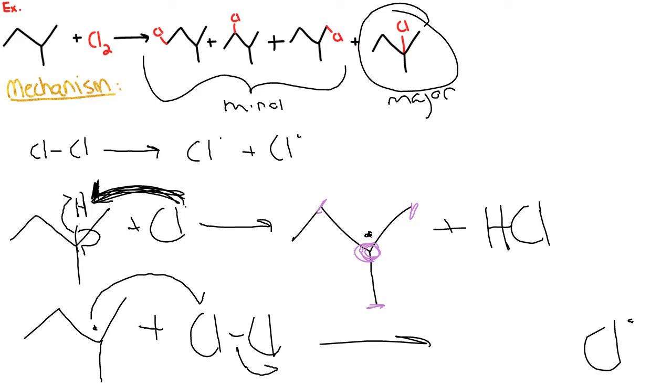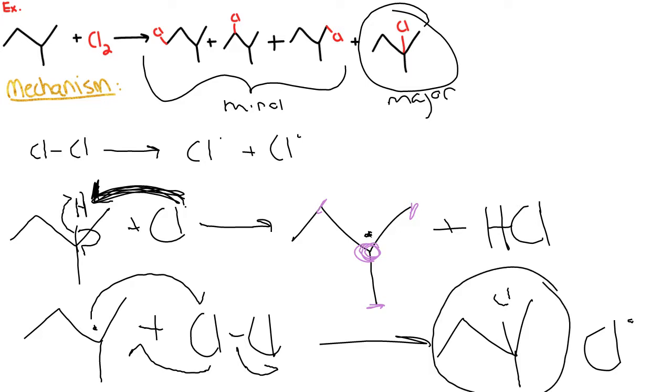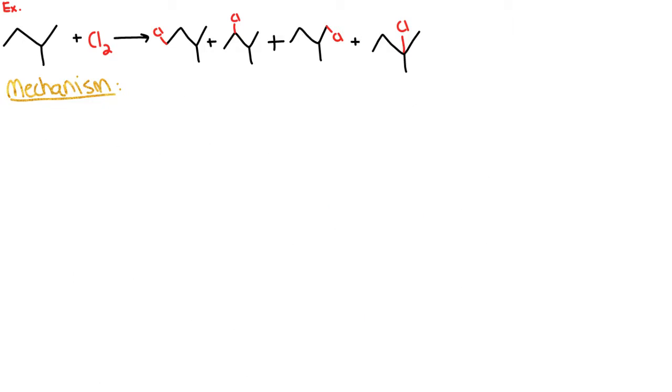And then the other one is going to go here to make this carbon-chlorine bond. So we have our product here, and then our byproduct here. Okay? We feel good?